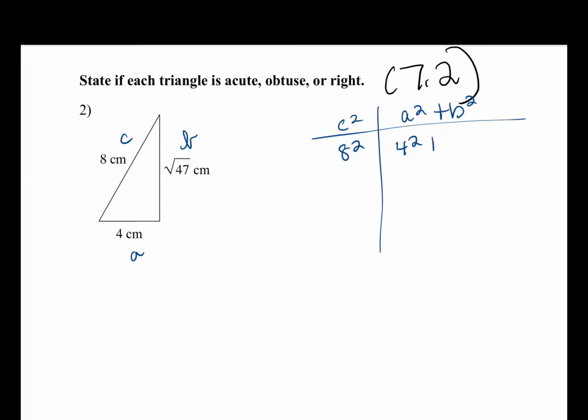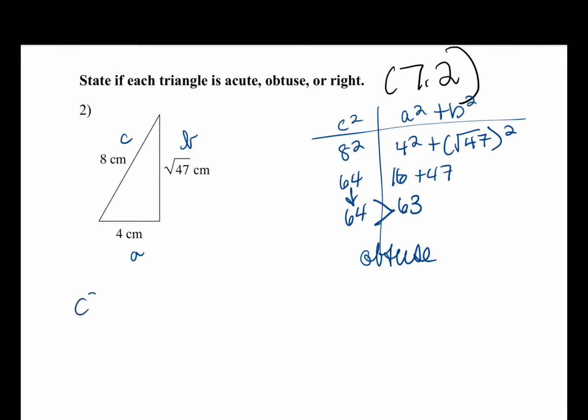This is going to be 4 squared plus root 47 squared. 64, 16 plus 47, that's 63. So 64 is greater than 63, so that means this is obtuse.